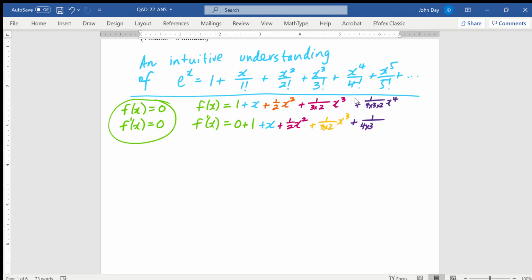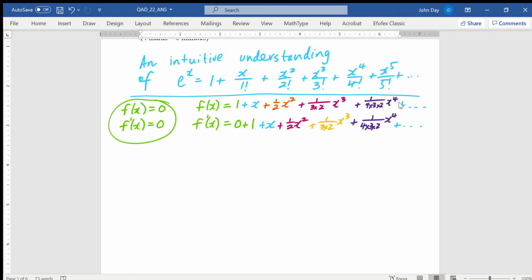Now if I keep doing this infinitely, if I add on the next one up on the top line and add on the next one down on the bottom line and so on, adding really quickly to infinity, the two functions will be correctly the derivative of the original, and the two functions will actually be equal to each other.